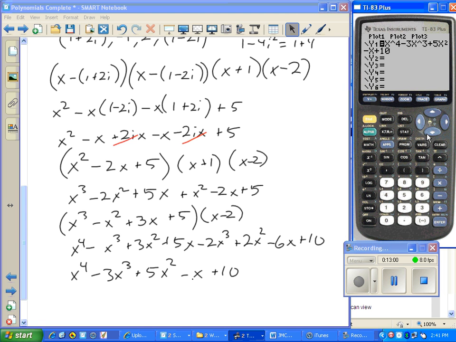So let's check my math here. x minus 2x, x squared minus 2x squared plus 5x, plus x squared minus 2x plus 5. So this would be negative x squared. It's 3x and 5.